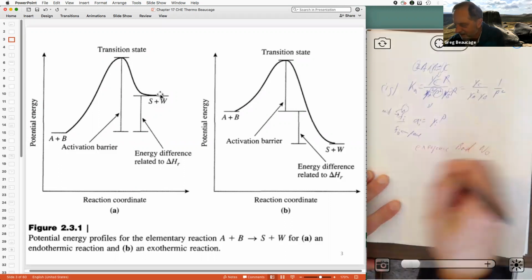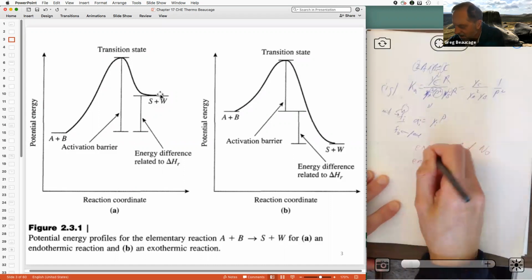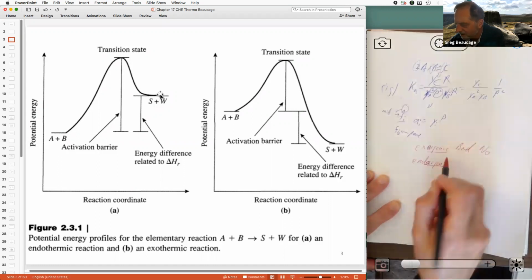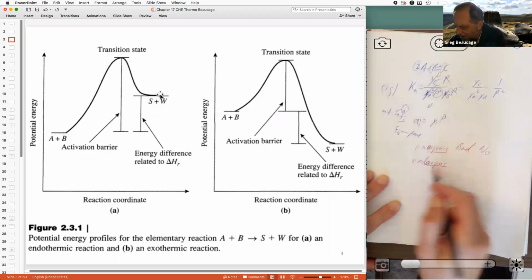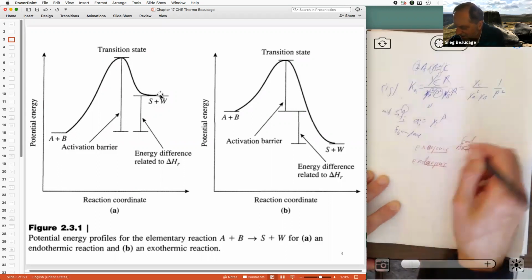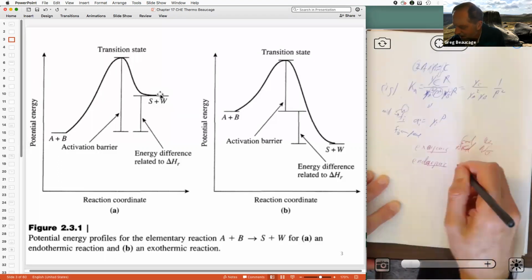It's endergonic. Endergonic means it's consuming energy. Sorry, exergonic means it's giving off energy and is good, and endergonic is bad.